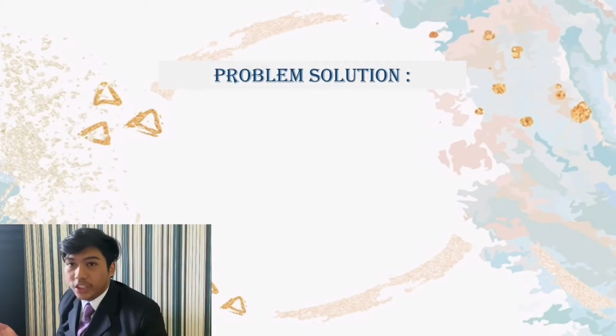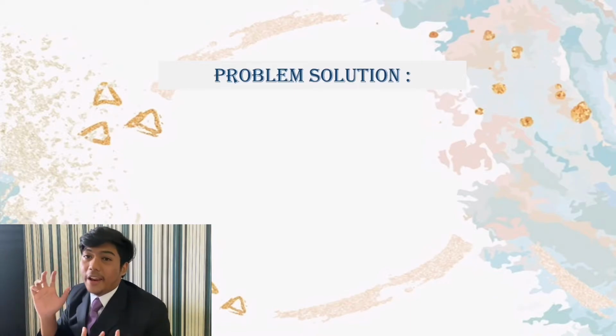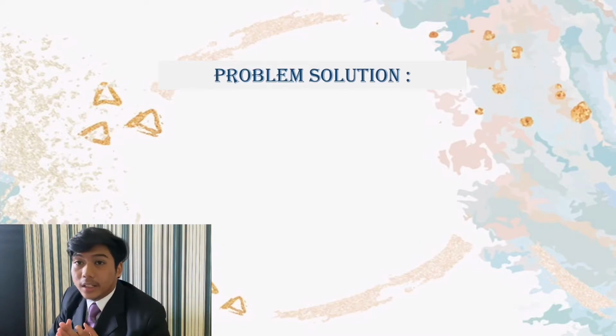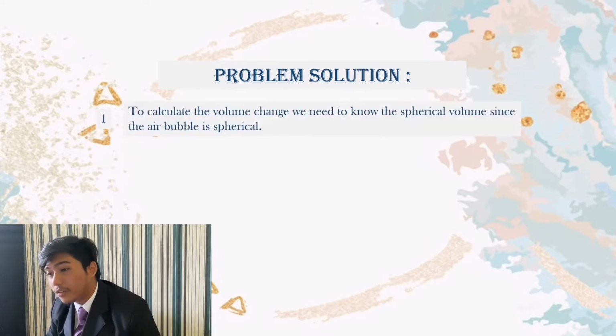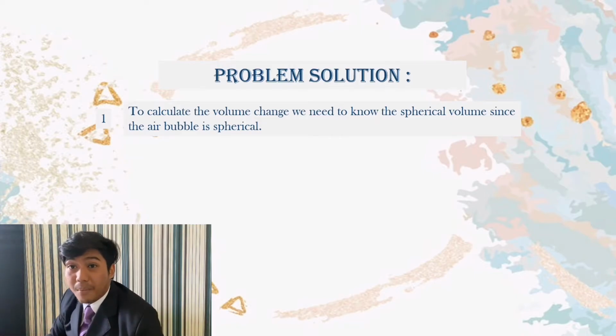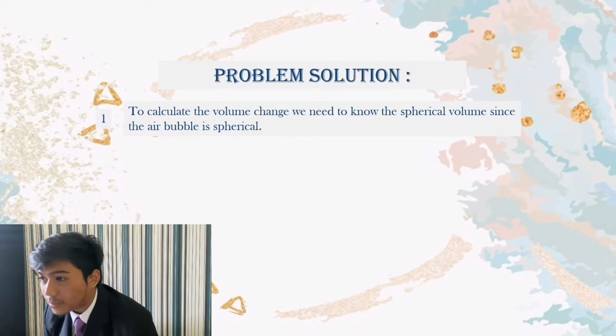Now, I will explain to all of you about the problem solution from the previous video, which is the air bubbles and the eggs. We can conclude that to calculate the volume change, we need to know the spherical volume, since the air bubbles are in a spherical shape, right?